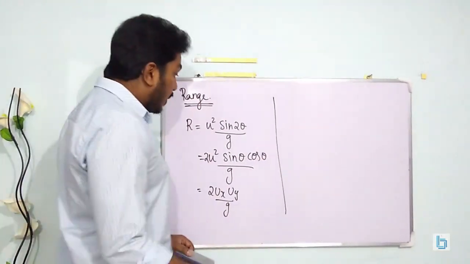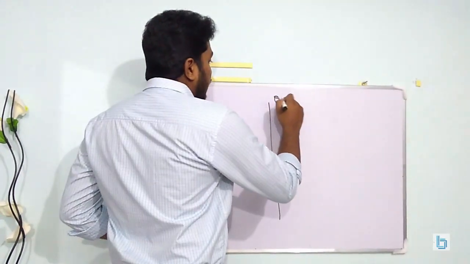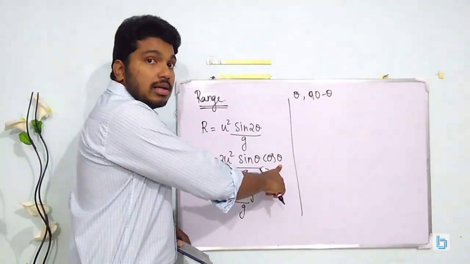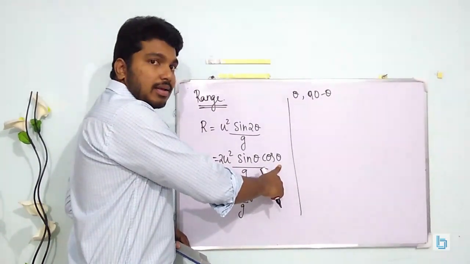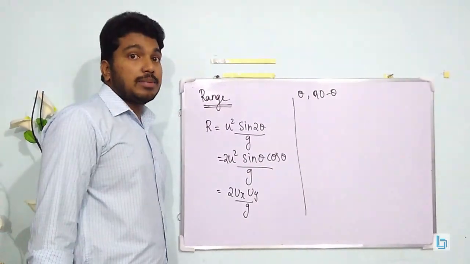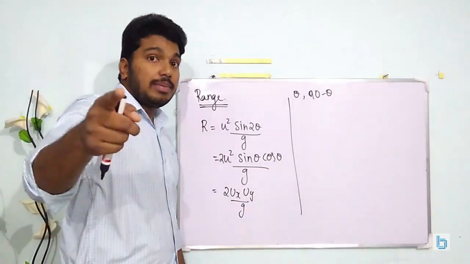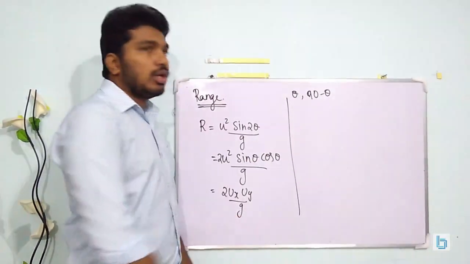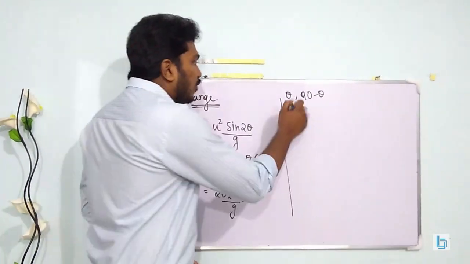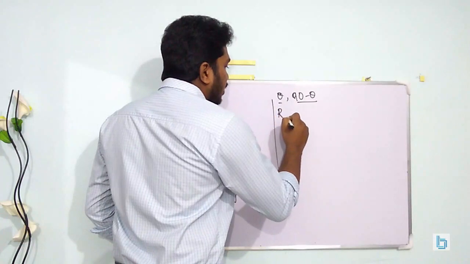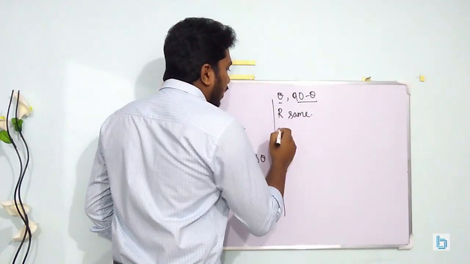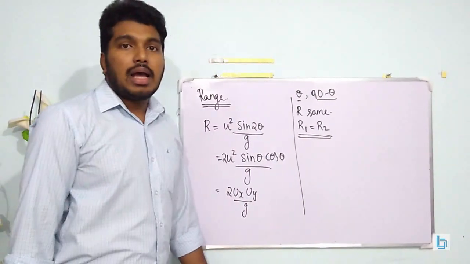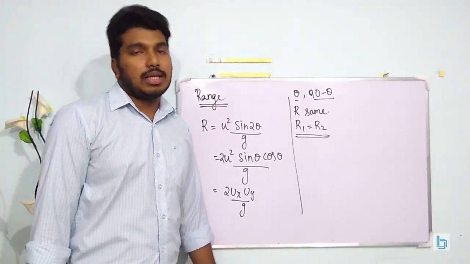Now for complementary angles, when we consider theta and 90 minus theta, cos of 90 minus theta will be sin theta, and sin of 90 minus theta will be cos theta. No change comes, which means for complementary angles the range remains the same. We can say R1 is equal to R2 if the angles are complementary.